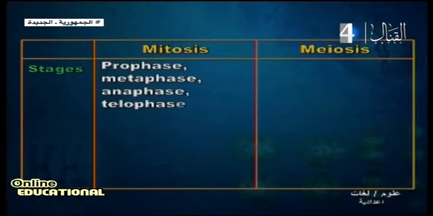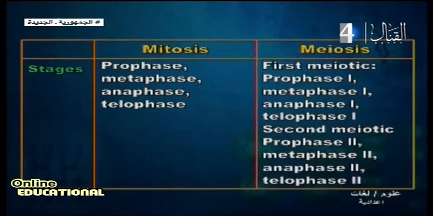Stages. Mitosis division has 1 step including 4 stages: prophase, metaphase, anaphase, telophase. But in the case of meiosis, we have 2 phases or 2 steps, each one consisting of 4 stages.